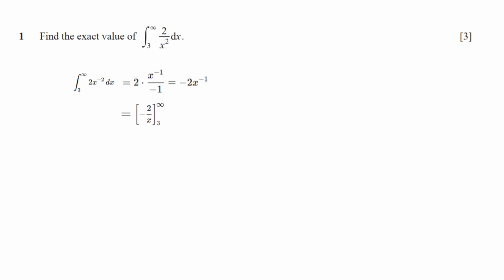Now let's apply the limits. The upper limit is infinity. Minus 2 divided by infinity is nothing but 0, plus 2 divided by 3, which is nothing but 2 over 3.